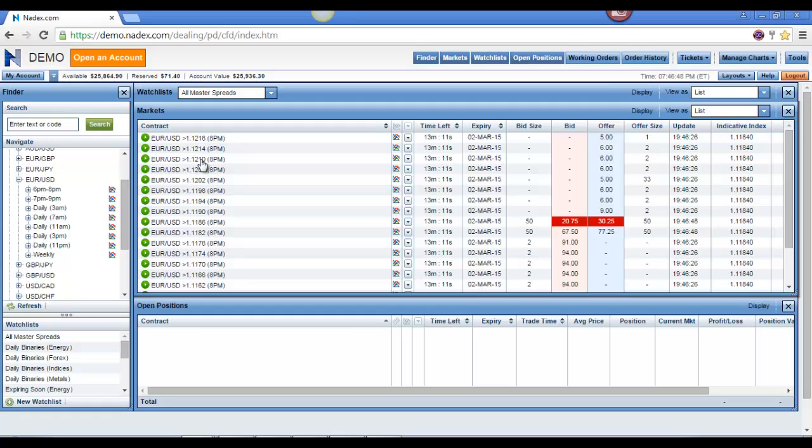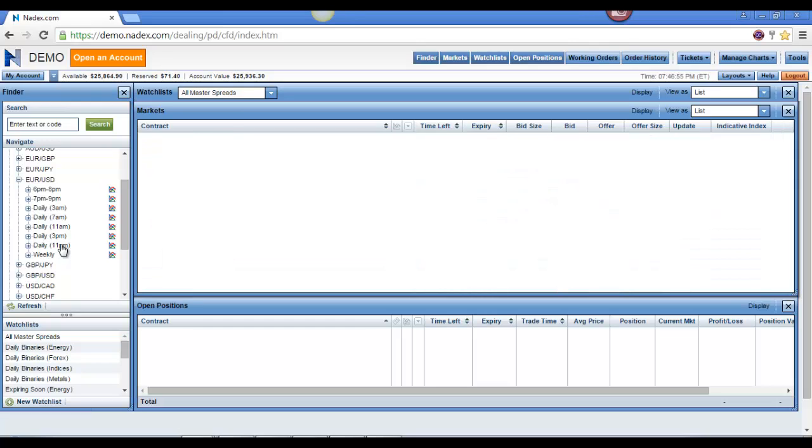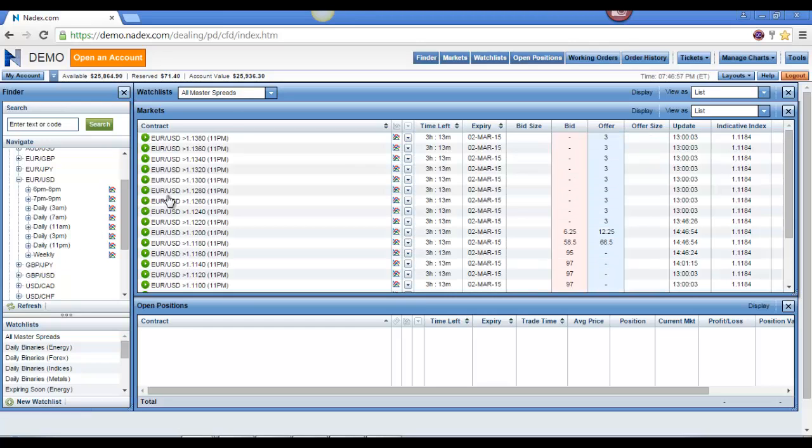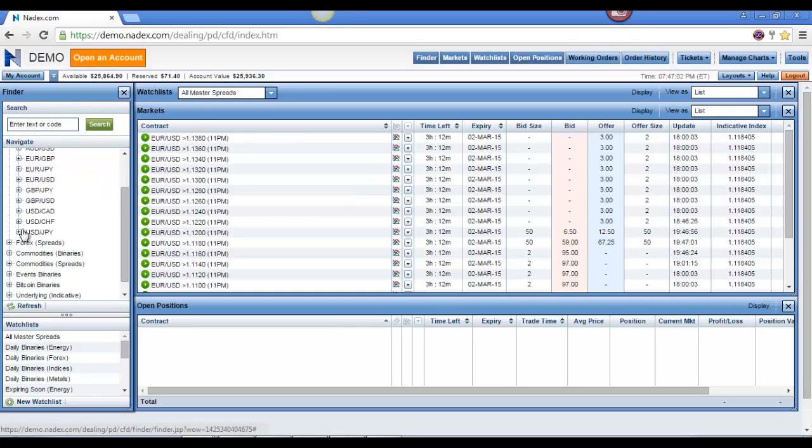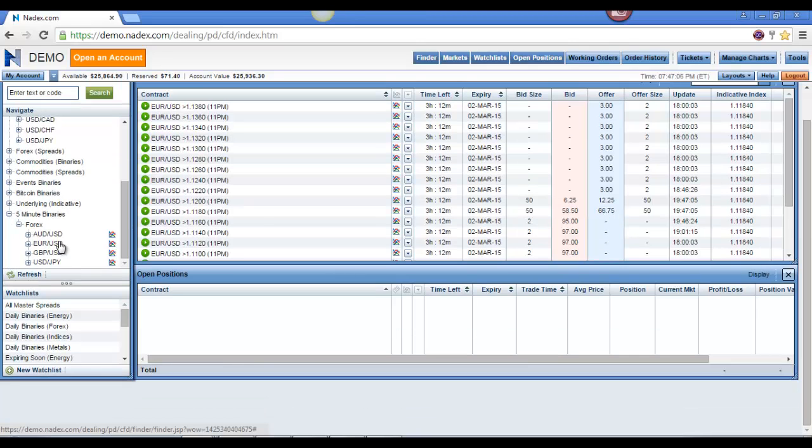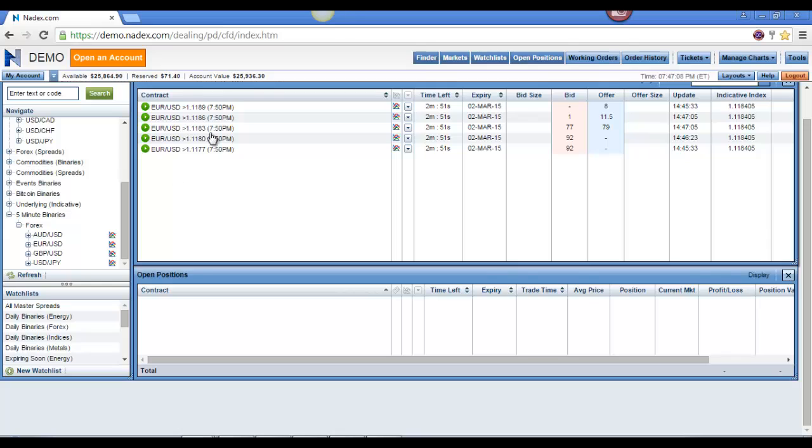So these intraday ones every 2 hours, Leon, you see that? Those are 4 ticks wide. But then right here, if I click one of these dailies at 11 p.m., those are 20 ticks wide. Okay, or if we go to 5-minute binaries and pull up euro dollar, those are 3 ticks wide. Okay, so they're all a little different depending on which expiration time you use. Did that clear it up a little bit, Leon? Okay, cool.